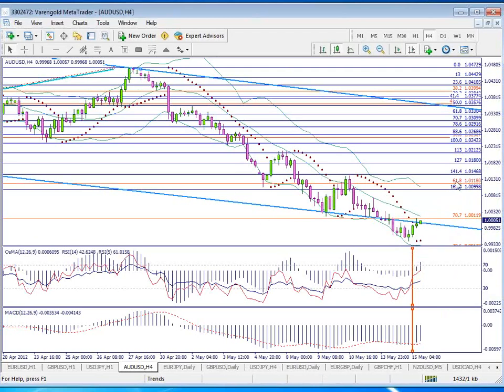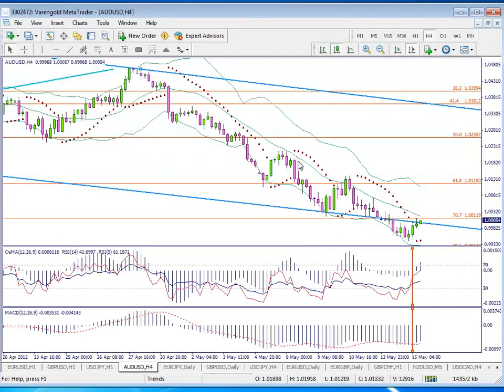But also the 61 and 70 level from the previous move is something reasonable for the next wave. Anyway, in this situation, I think that we can look very soon for one move into the up direction.